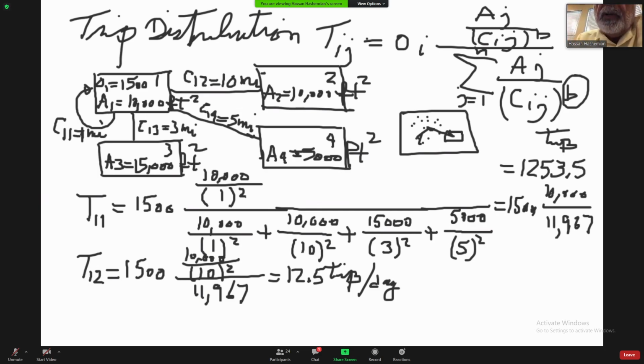Let's see how many will go to zone 3, or shopping center 3. So you do the same thing, 1,500, multiply that by 15,000 divided by 3 squared. The denominator will be the same.